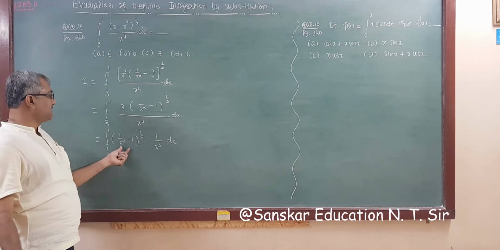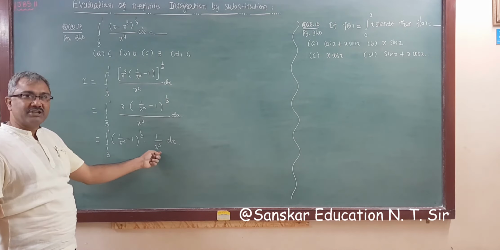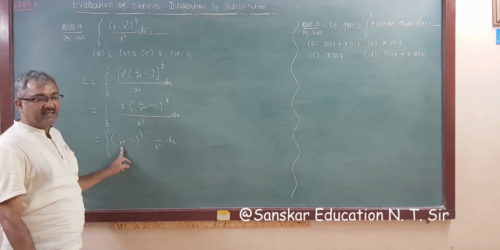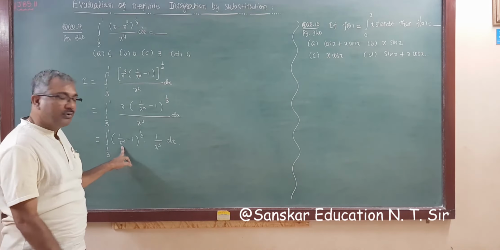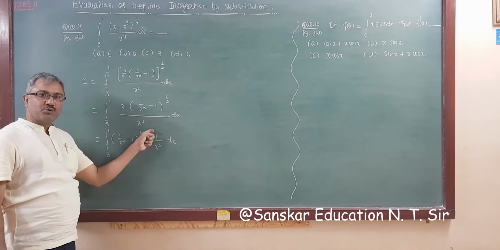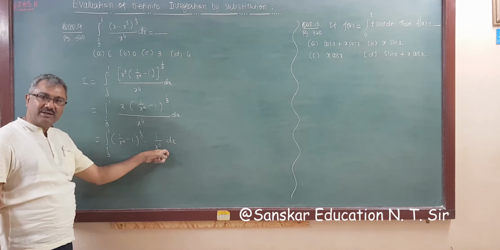Now derivative of this is minus 2 upon x cube, but this is only 1 upon x cube. If you want to change this into minus 2 upon x cube, then multiply and divide by minus 2, you will get the fx into f dash x formula directly.